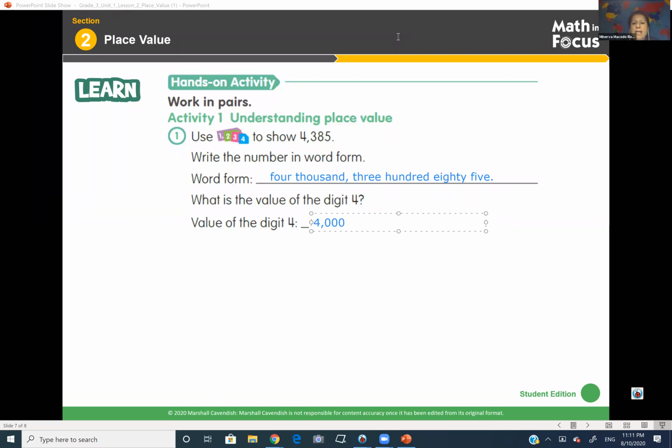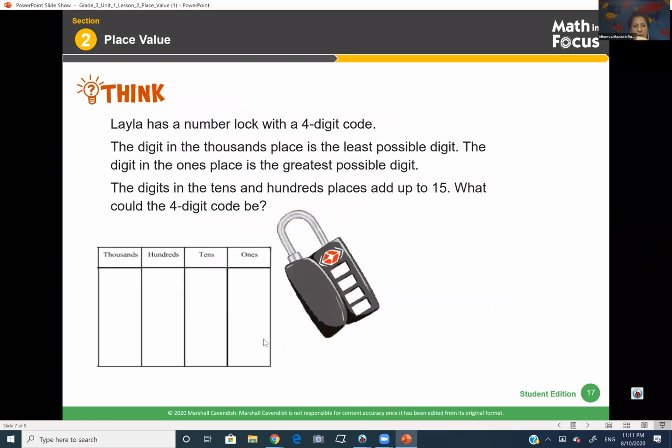So let's go for the last part. Okay, so now let's solve this puzzle here. So here it says that the digit in the thousands place is the least possible digit. So here in the thousands place goes the least possible digit. And that digit is number 1.